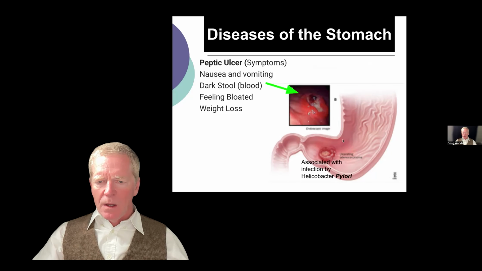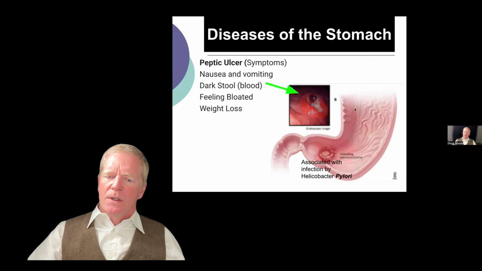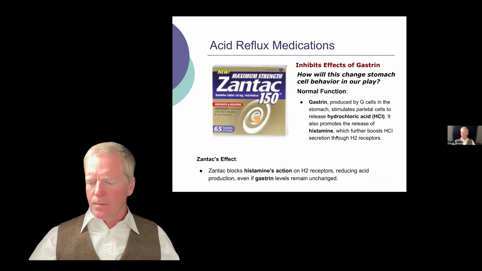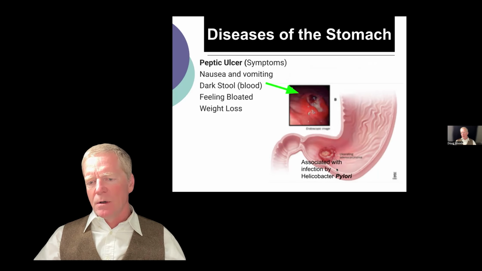When the stomach is not functioning correctly, occasionally there can be damage to the lining of the stomach, and digestion through that protective mucosal layer. That is often associated with an infection from a bacteria called Helicobacter pylori.